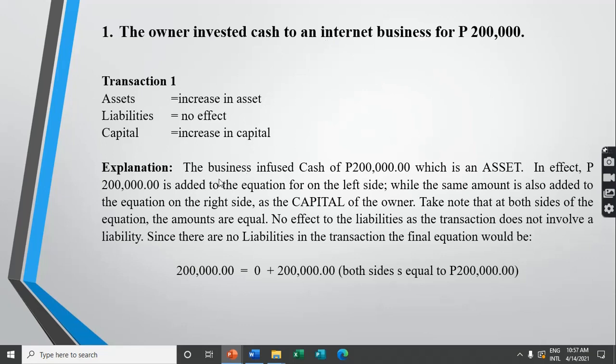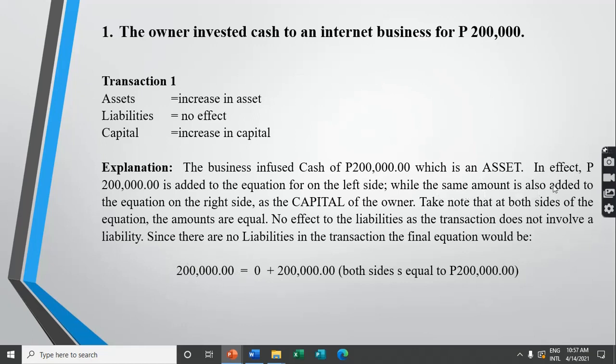Okay? So, the business infused cash of 200,000, which is an asset. In effect, 200,000 is added to the equation on the left side. Yung accounting equation natin, which is asset is equal to liabilities plus capital. So, nadagdagan yung asset niya which is 200,000.